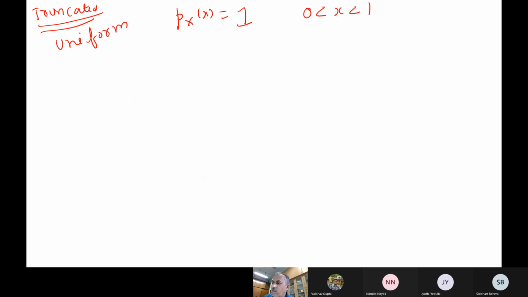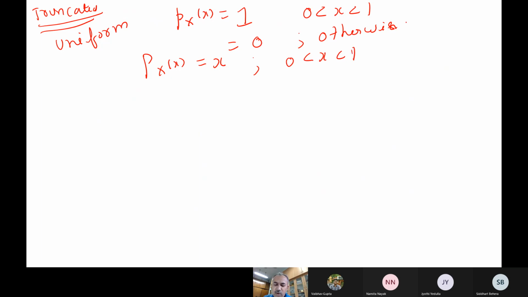Now let us say truncated distributions basically. Okay, like for example the uniform distribution. So I have a uniform distribution, p x of x is 1 when 0 is less than x less than 1, otherwise it is 0. Okay, so this is also a probability density, and of course its distribution function is the integral of that expression, so it is x for 0 less than x less than 1.